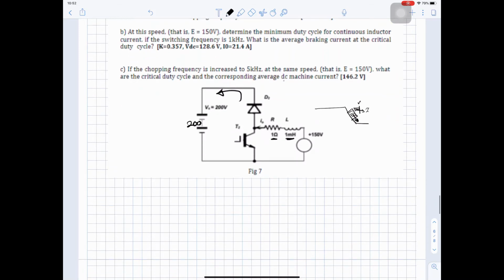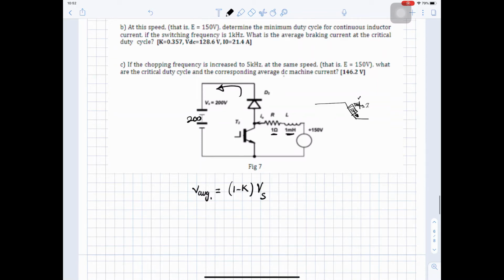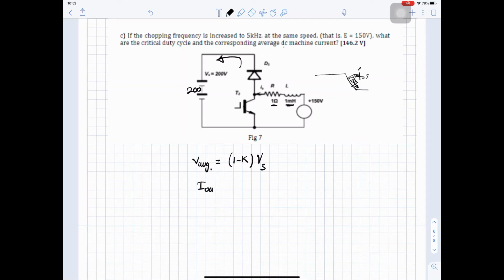So how can we find the duty cycle for this example? We start by V average equal to 1 minus K multiplied by V source, and we have I out average.